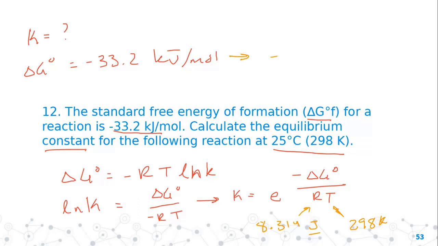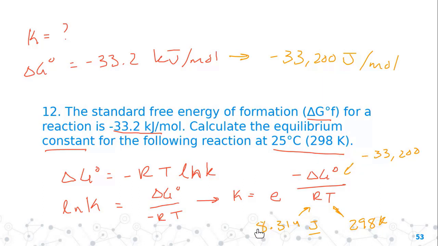So let's say this is negative 33200 joules per mole. The negative out here is going to cancel our negative there.